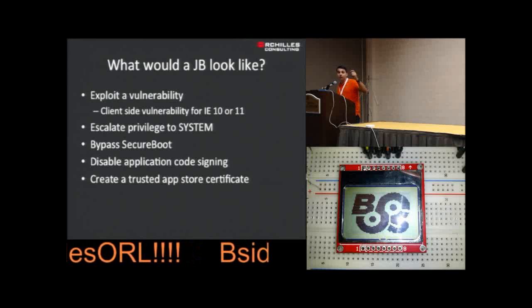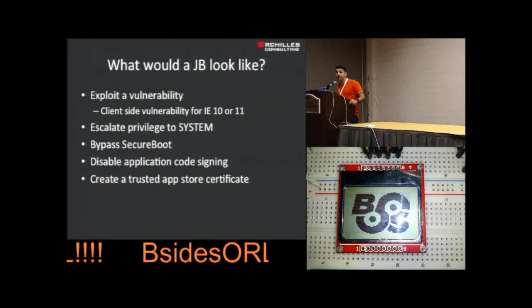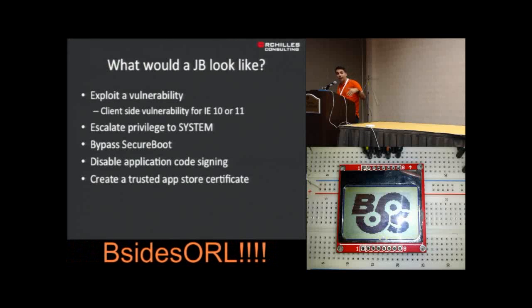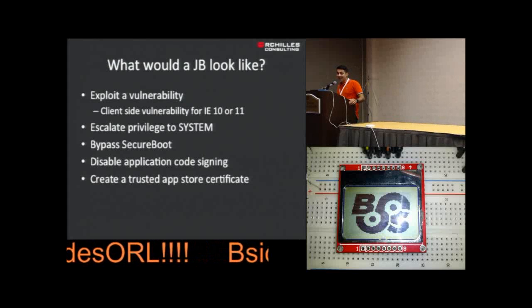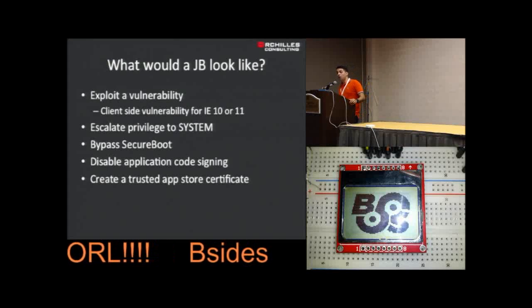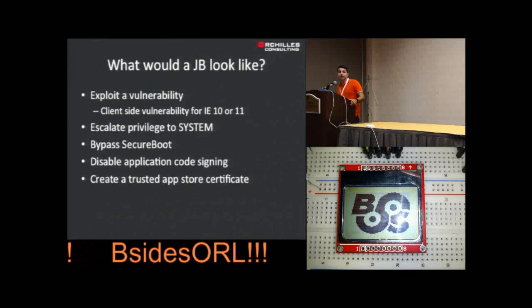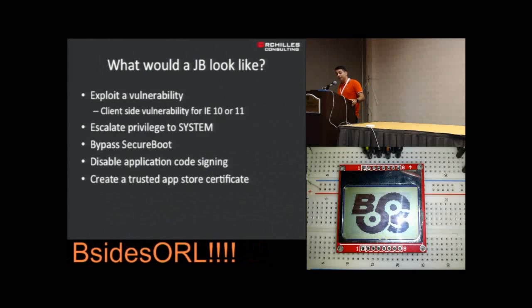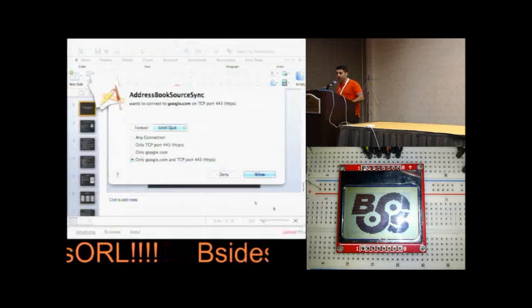Remember the whole digital signature, the TPM, all that? You're going to have to bypass that if you want an ongoing jailbreak. And then, if you want to run your own application, you're going to have to somehow disable its code signing signature or create a trusted app store.